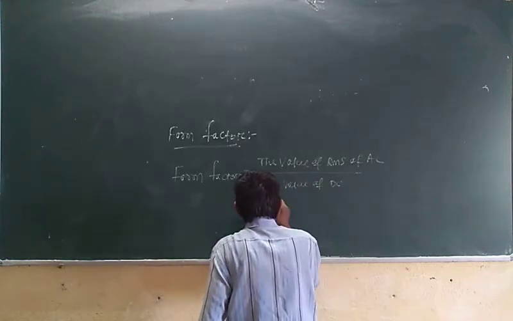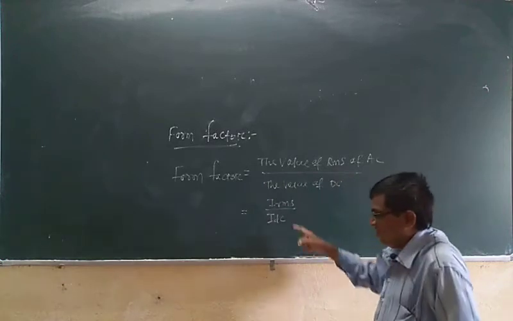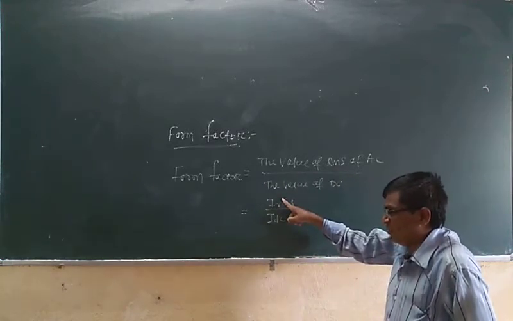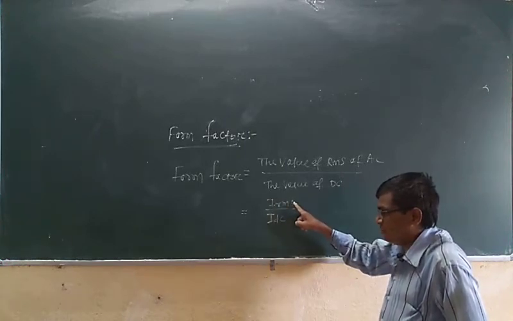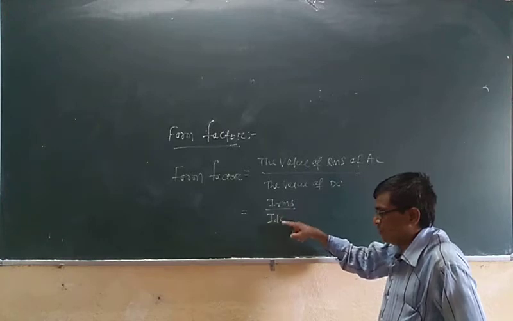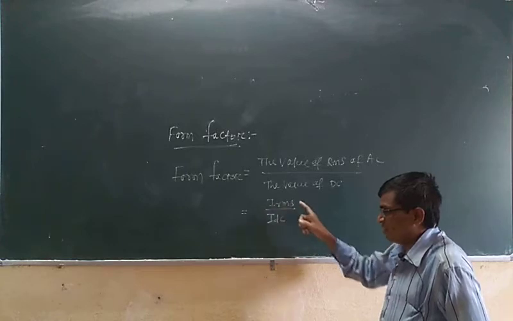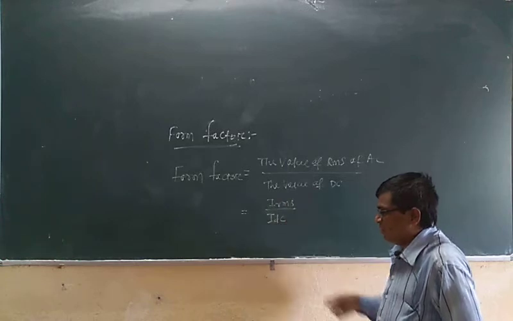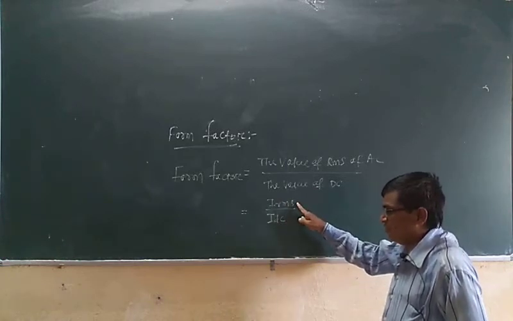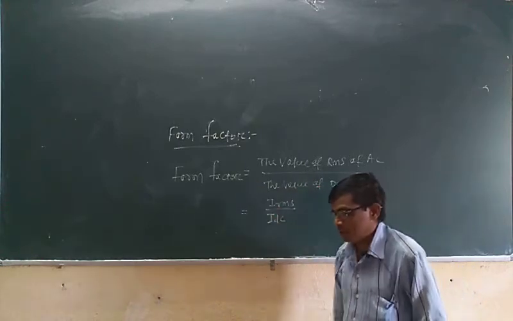That means I RMS divided by IDC. Now the ratio of the RMS value of output and the value of DC in output. RMS means AC components present in DC. So how many RMS or AC components are present in DC, the ratio between them is known as form factor.